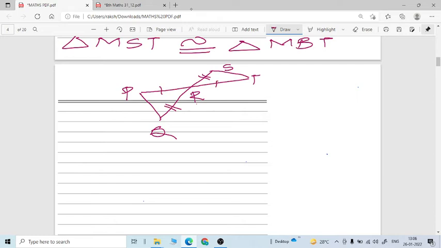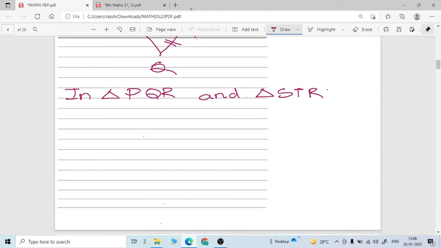Okay, in this we are forming two triangles. In triangle PQR and triangle STR, PQR and STR.